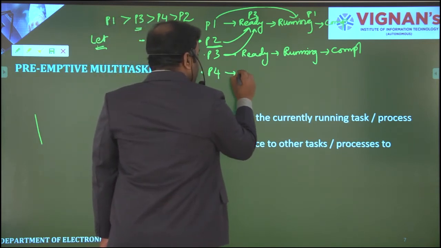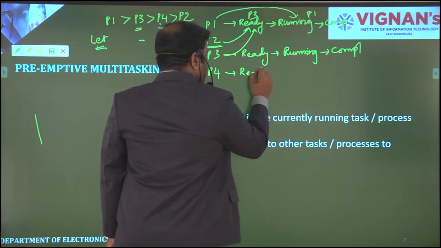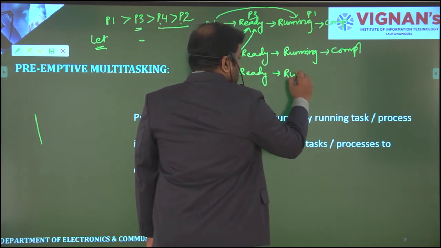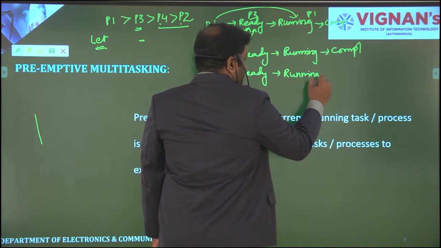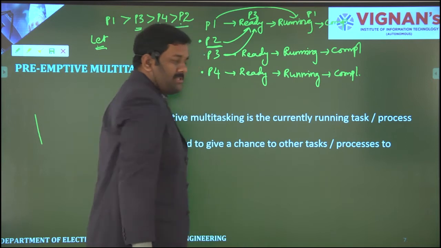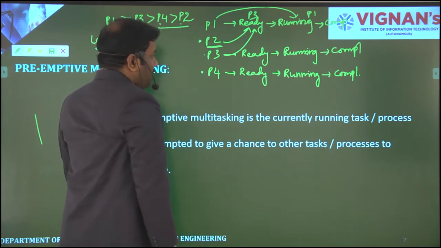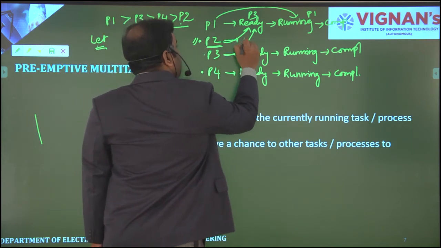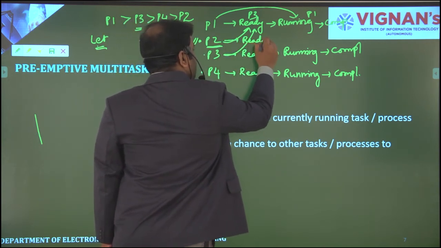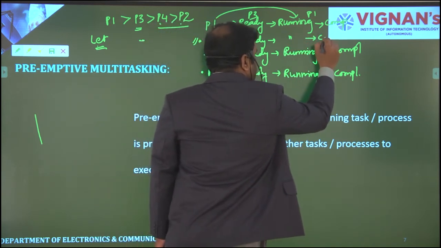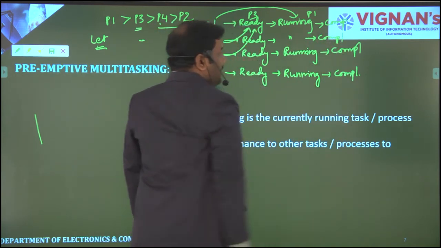Then P4 will reach the ready state. After the ready state, it will reach the running state, and then it will go to the completed state after completion of execution of P4. Then there is no process available except P2. Then P2 will come to the ready state, then to the running state, and after completion of execution it will reach the completed state.